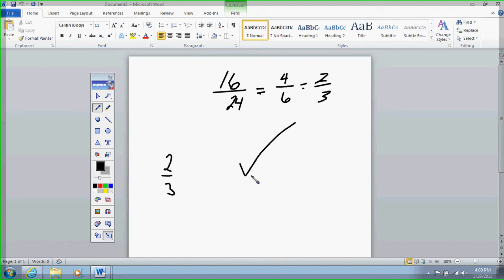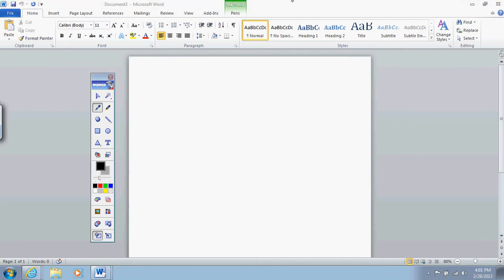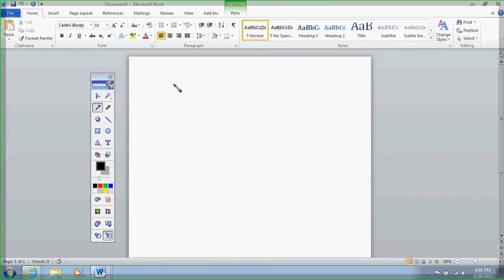Okay? What if I gave you a proportion to solve? And we did a lot of this this week, so I'm going to show you a couple problems here real quick. I may give you a proportion like this, and I may ask you to solve it, and you need to know you've got to cross multiply.